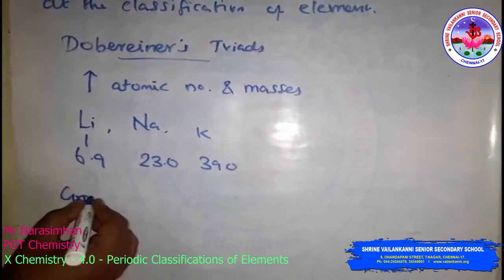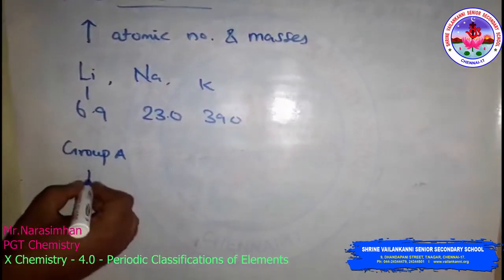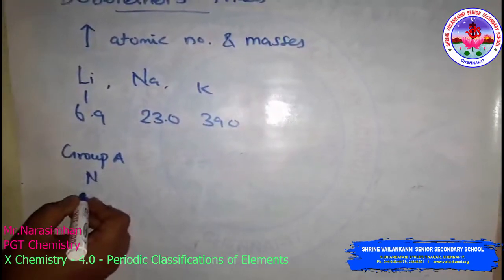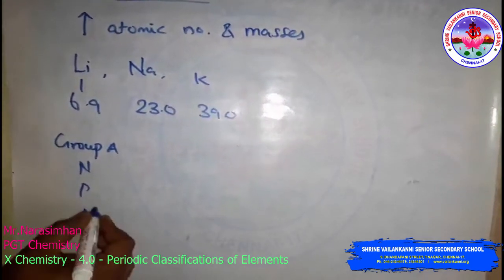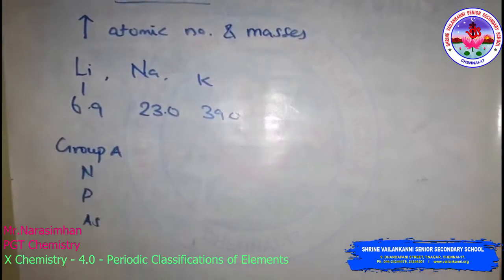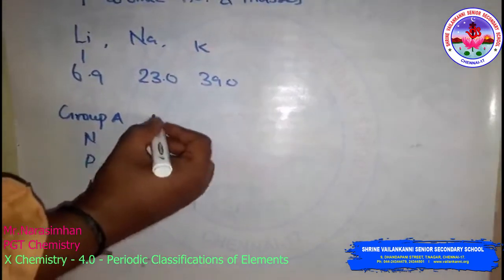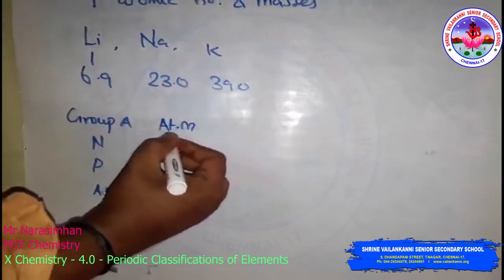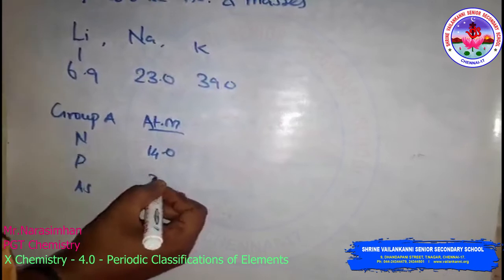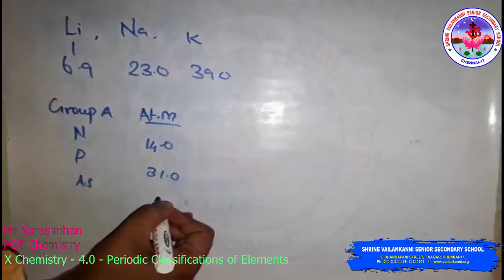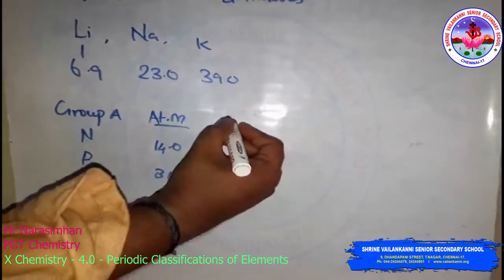Group A elements: nitrogen, phosphorus, arsenic, with atomic masses 14, 31, 74.9.